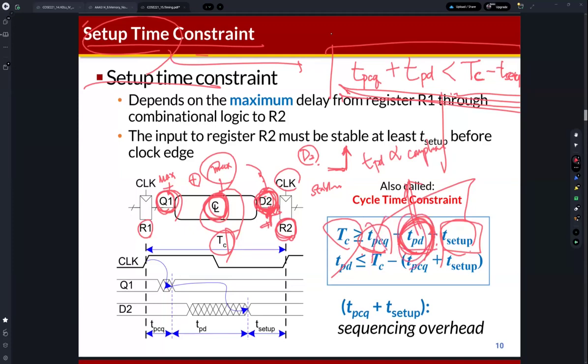We cannot change the flip-flop part because it is a property of the flip-flop. The TPD is determined by the complexity of the combinational logic, so when we design a high performance digital system, we try to reduce the TPD of the combinational logic.